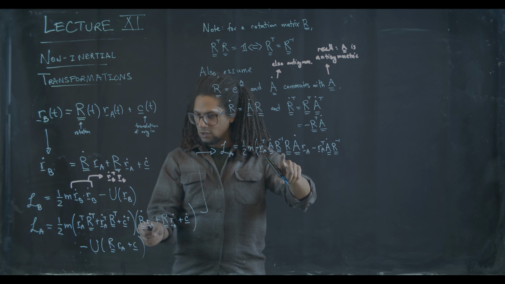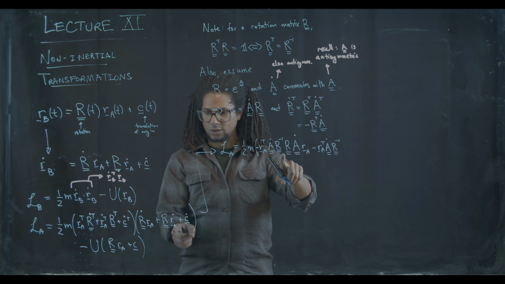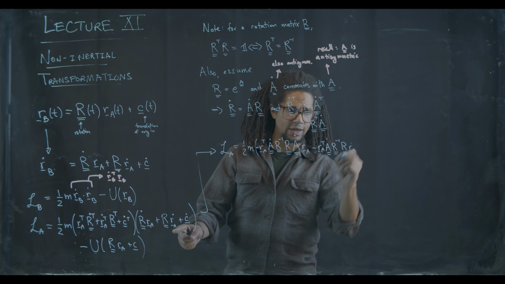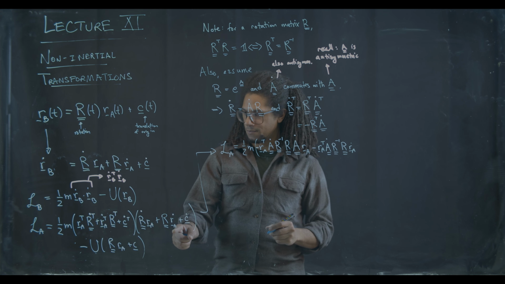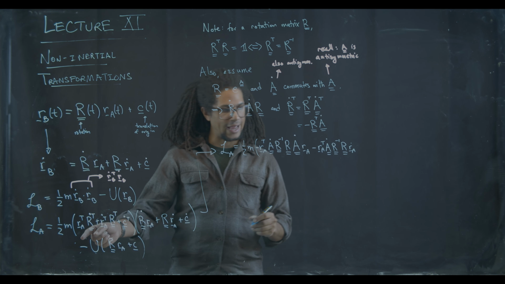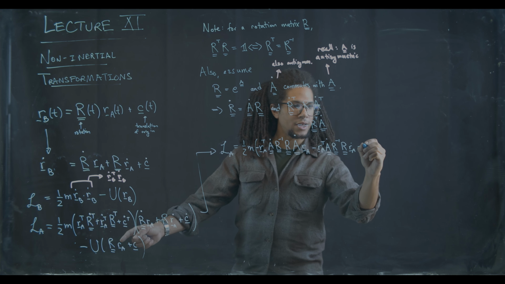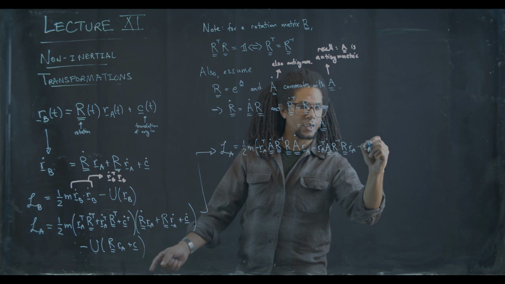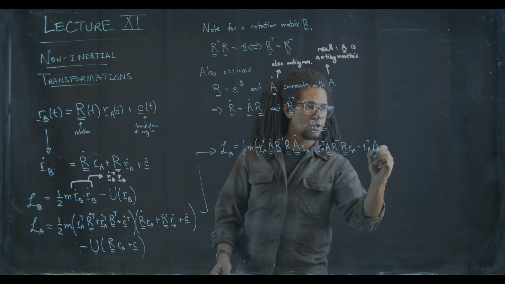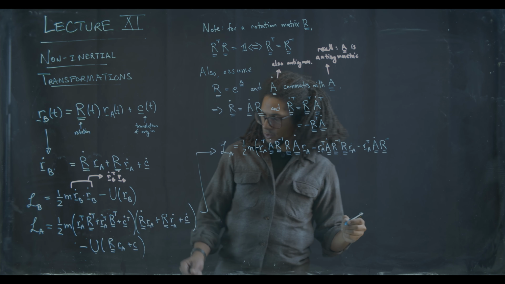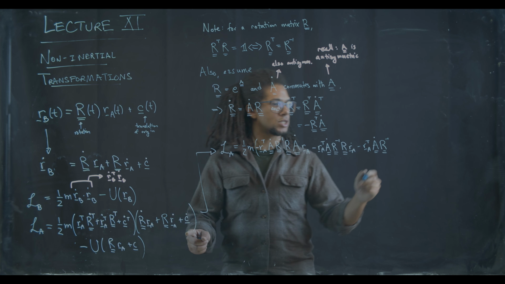Next, I have R times R dot. So R times RA dot. Good. Then lastly, for those terms, I have minus RA transpose. Again, just writing the same first three factors, R inverse, times, well, in this case, it's just C.